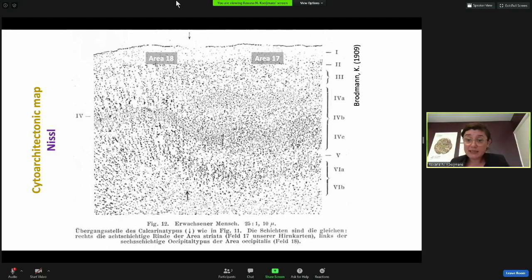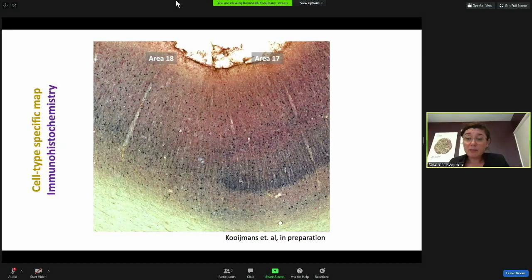My work extends this kind of mapping by making it cell type specific.